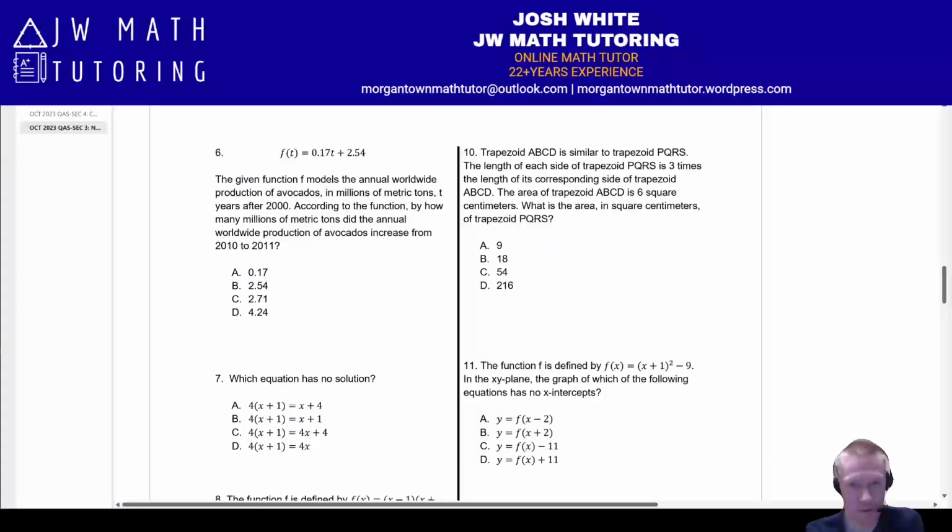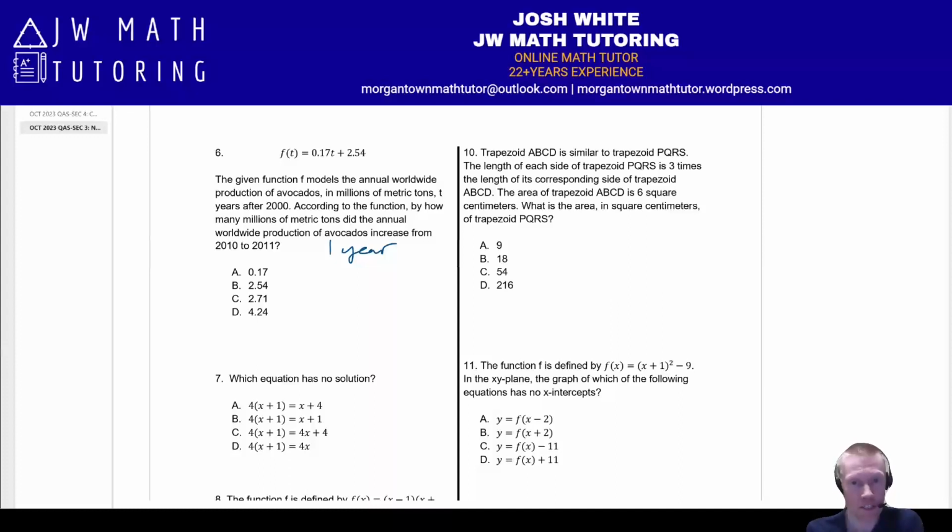All right, number 6, we have a function, and they want to know how much did the worldwide production increase from 2010 to 2011. So notice from 2010 to 2011 is 1 year, okay? And time, or years, is the equivalent of the x variable in this function.